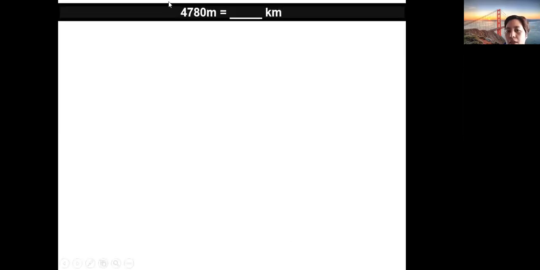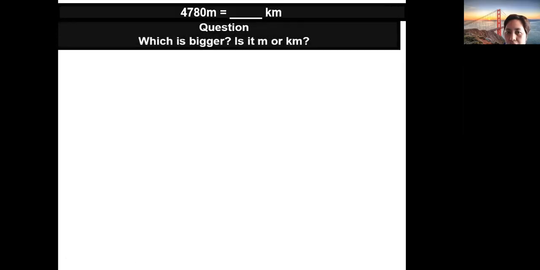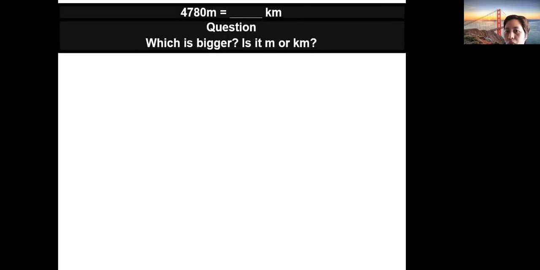How about here? 4,780 meters is how many kilometers? The question is, which is bigger now? Is it the meter or the kilometer? Of course, it's the kilometer.